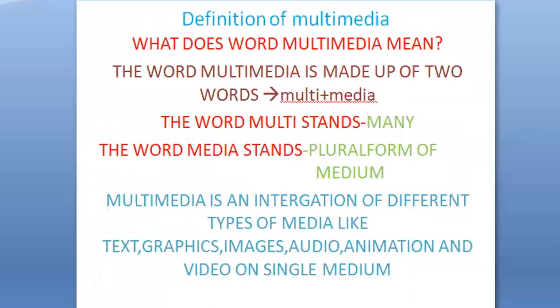As I said, multimedia is made up of two words, where multi stands for many and media stands for the plural form of medium. So it's an integration of different types of media like text, graphics, images, audio, animation, and video on a single medium.